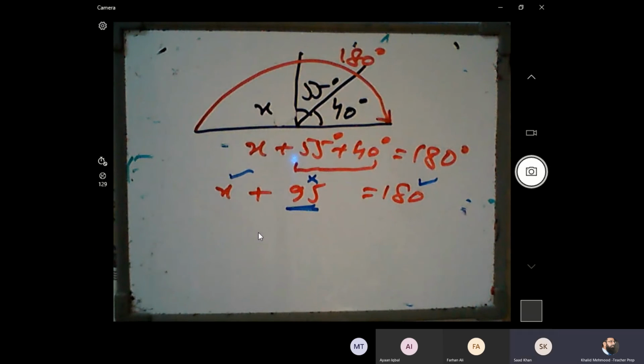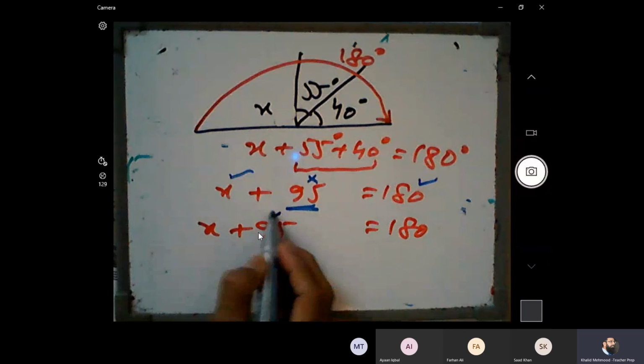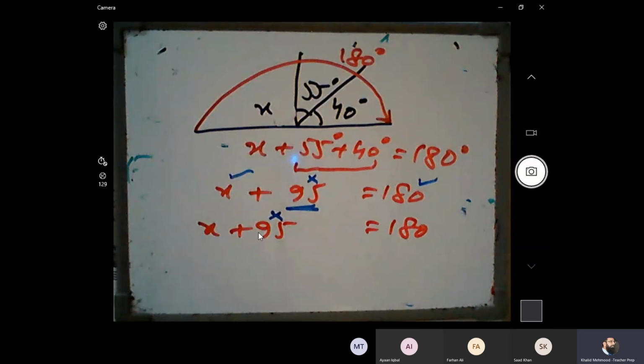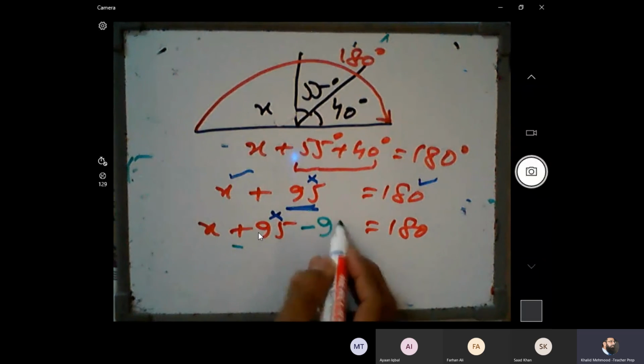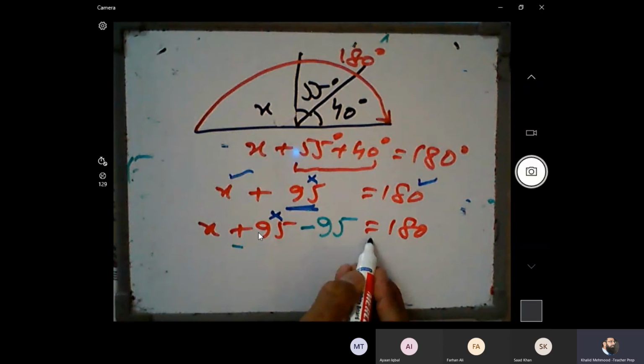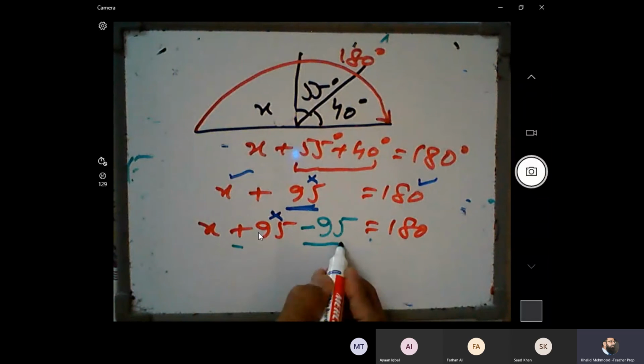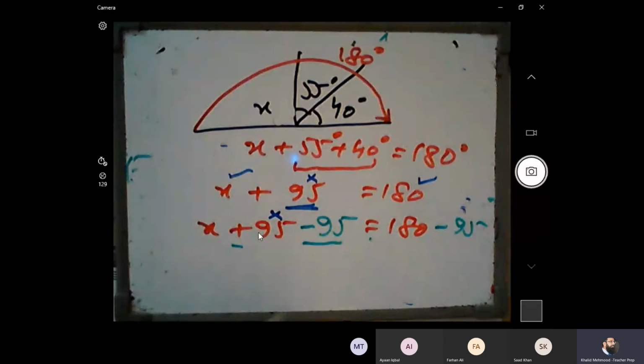Writing x plus 95 is equal to 180, the wrong-place number will be dealt with by its reverse: plus 95 means minus 95, and because of the equal sign, whatever we do here we'll do the same on the other side to make it balanced. So that cancels, and then we have the value of x equal to 85. So like this we can solve the problem. Okay.